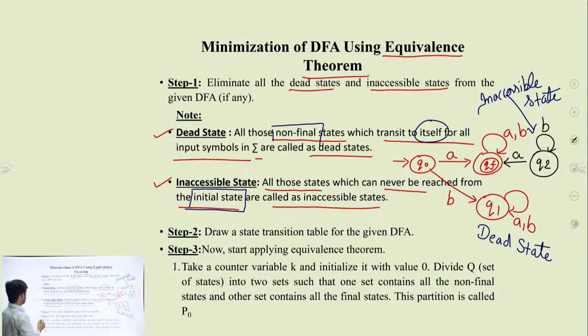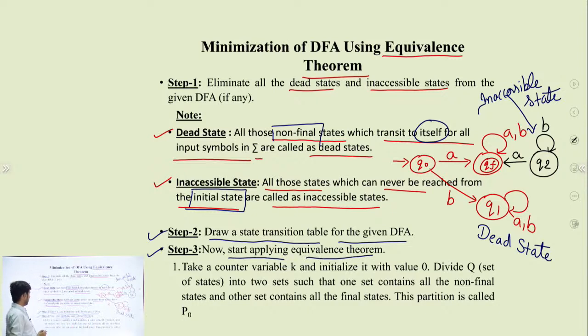The next step in the minimization of DFA using the equivalence theorem is to draw the state transition table for the given DFA. The third step is to start applying the equivalence theorem.